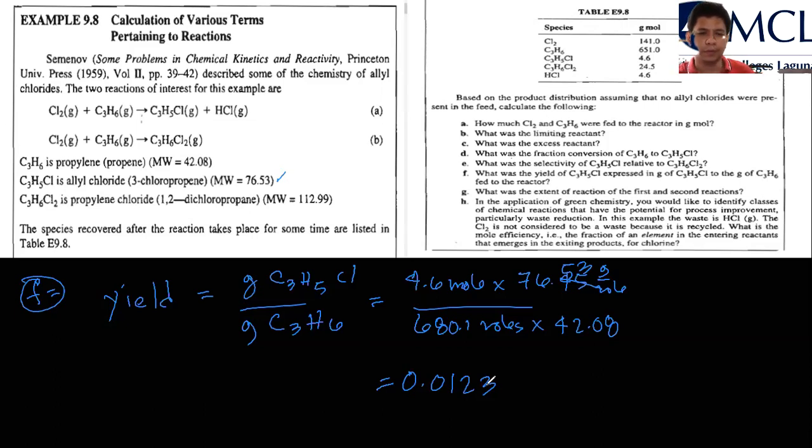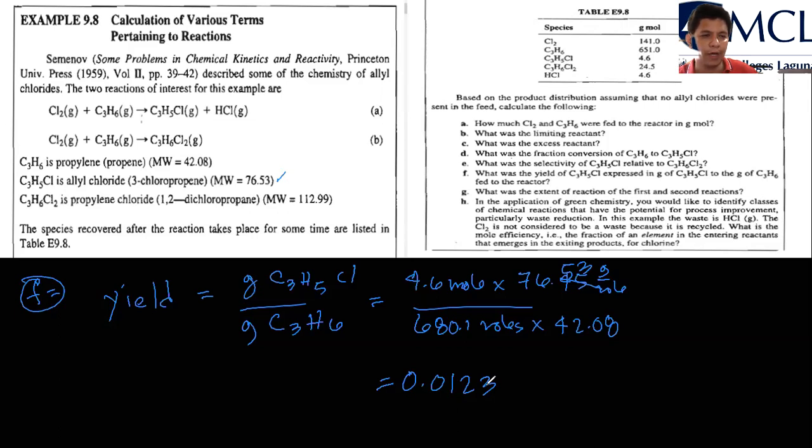Okay. So letter G, what was the extent of the reaction of the first and second reactions? If you still remember, the extent of the reaction is equal to n sub i minus n sub i0 divided by the stoichiometric coefficient v sub i.